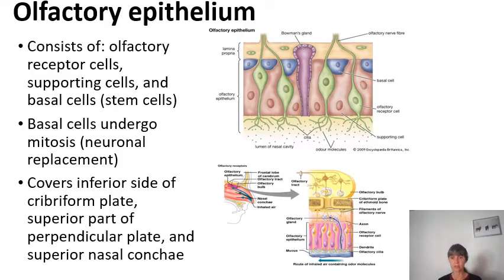Here we have a closer look at the olfactory epithelium. You can see the olfactory receptor cells. They are bipolar sensory cells, and you can see that the dendrites extend into the lumen or opening of the nasal cavity, where they're enclosed and embedded by mucus.